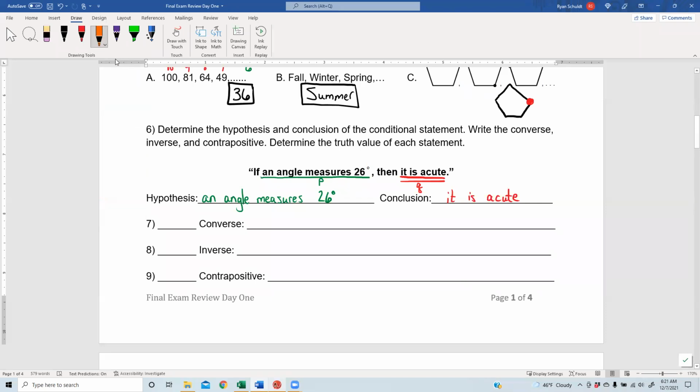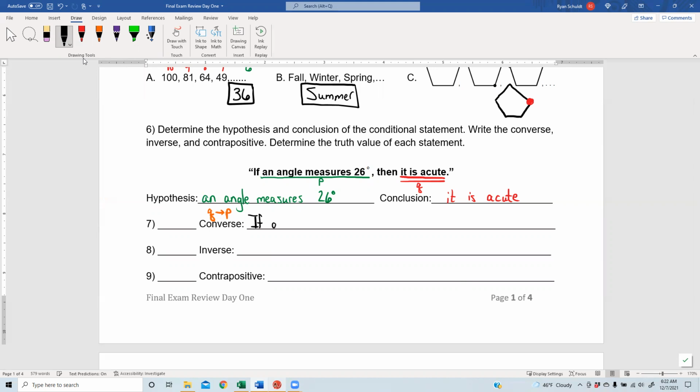For the converse, what order does converse go in? If Q, then P. So if the conclusion, then the hypothesis.